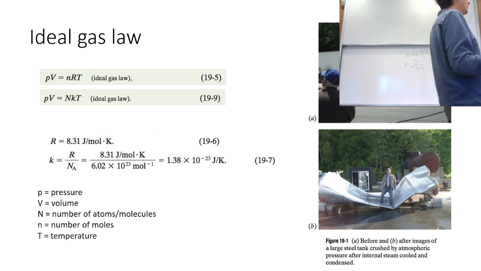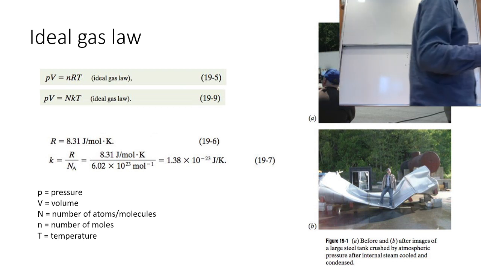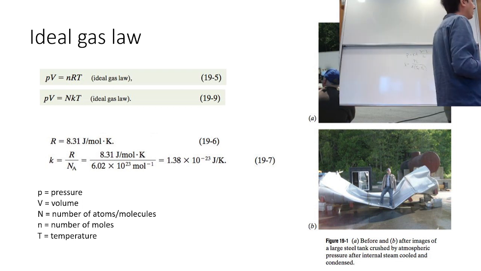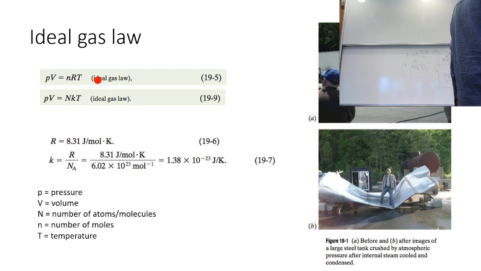Now we can also write this R in terms of Boltzmann's constant. Instead of writing it as a number of moles, we can write it as the number of atoms or molecules. The definition of Boltzmann's constant here is R divided by Avogadro's number.